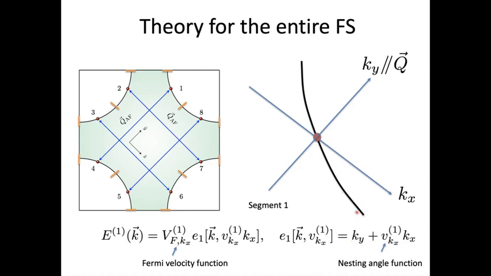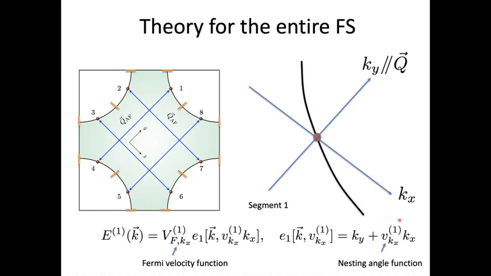I call this v a nesting angle, because if v was 0, that means in segment 1, the Fermi surface is perpendicular to the Q vector, and so is the Fermi surface near hotspot 4. So in that case, the Fermi surfaces connected by the Q vector are perfectly nested.